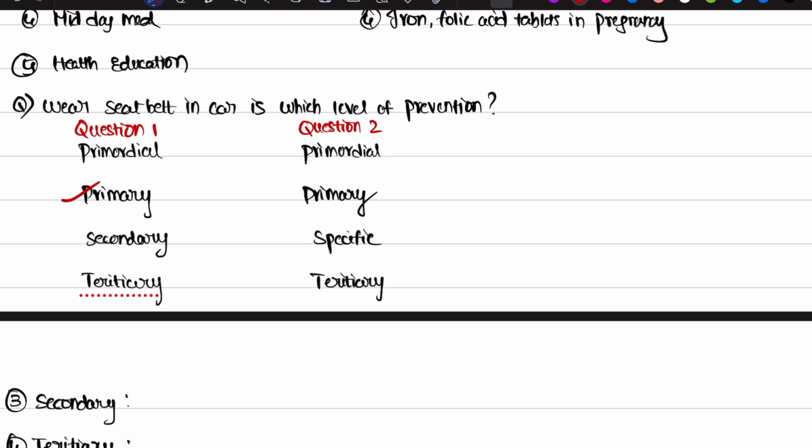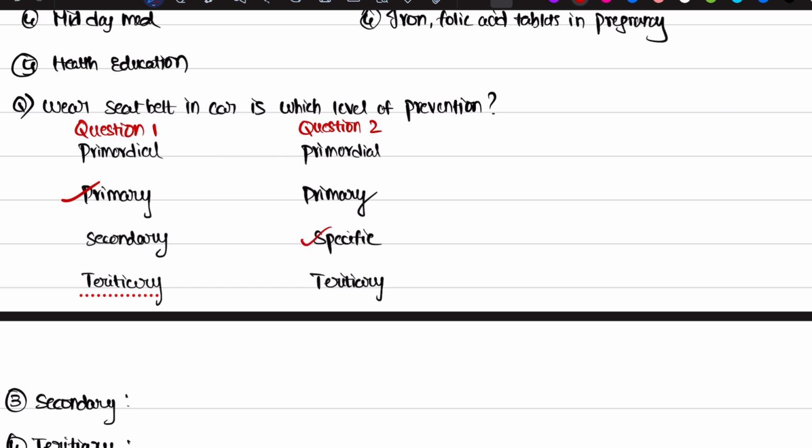See, if you mark the primary, this is wrong. You need to mark the most accurate answer. See, primary is also right, but here there is an option of specific. Specific is there, so you need to mark the answer as specific.